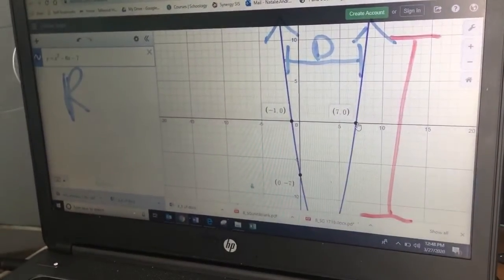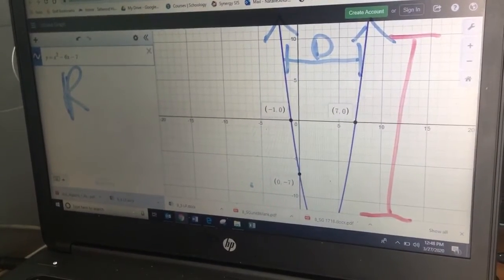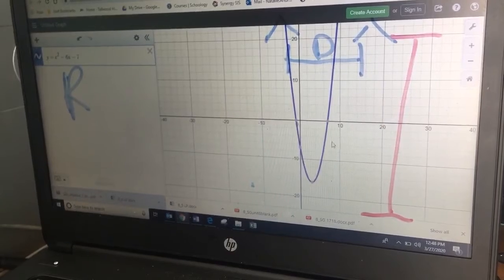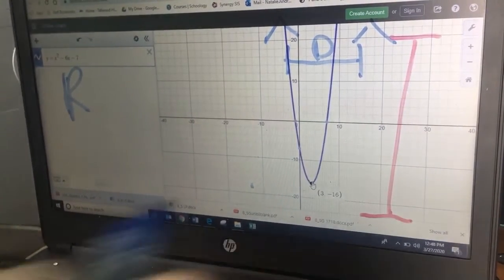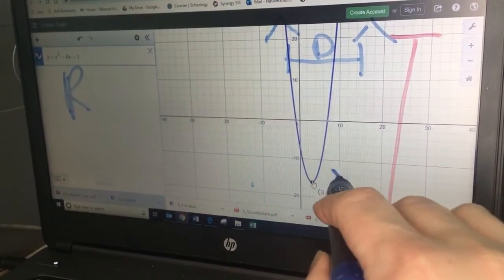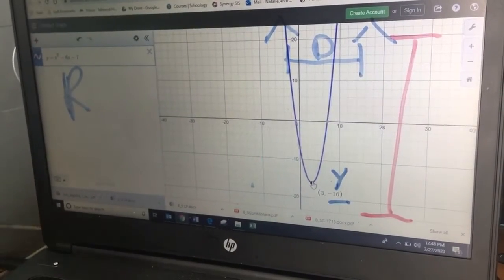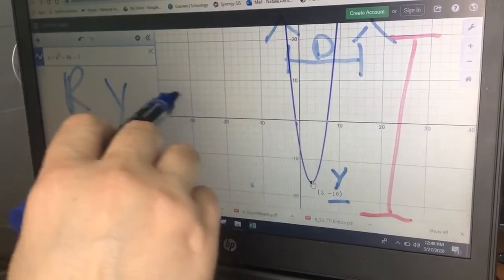So we've got to find our vertex. Vertex is the point where they meet. So we're going to hit another minus button, and then you will click on the vertex, which is this one. We are looking for our range this time, so we want the y value, -16. So now we could write that up: y ≥ -16.